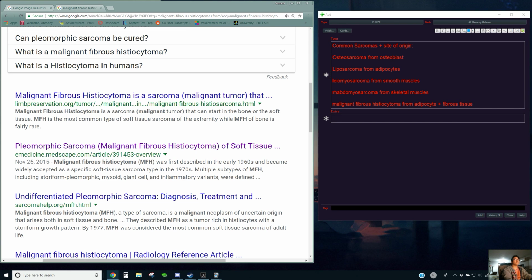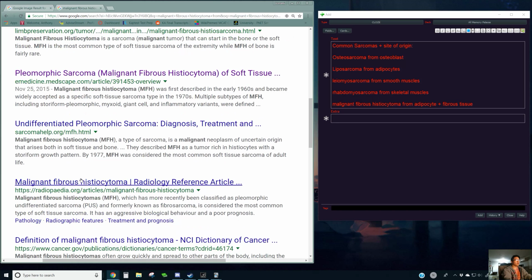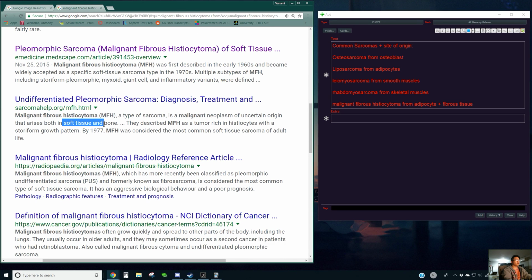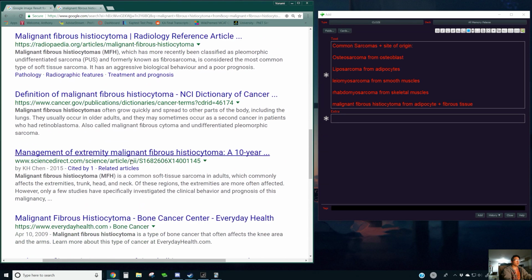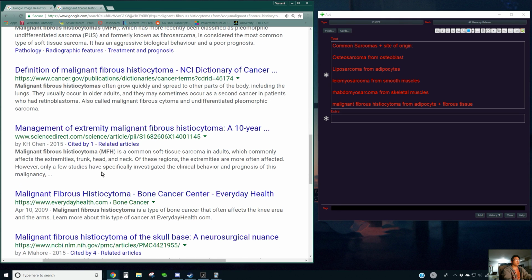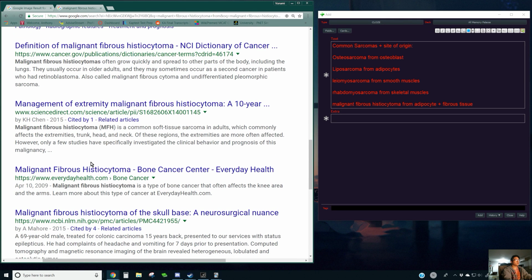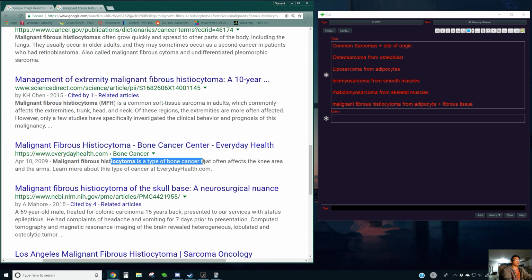I need to check that out actually, because there's different information here, but there's also different information from my professor. I'm pretty sure there was adipocyte as well, but I'm not seeing this anywhere here. I see it's a soft tissue and bone, and the soft tissue can represent either adipocyte or the fibrous tissue. See, bone cancer. So it's also bone too. That's a lot of information. I have to check that out.